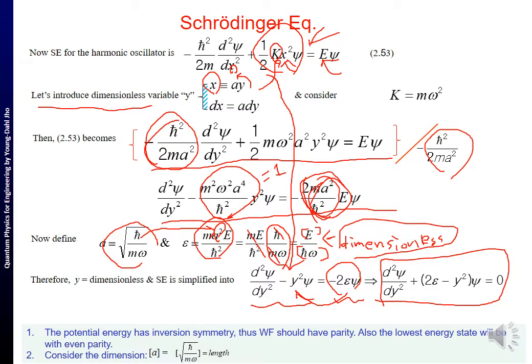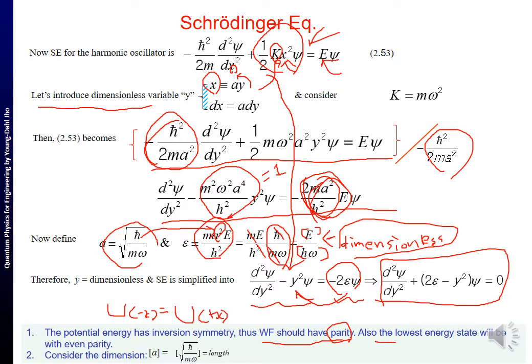You will see that the potential energy has inversion symmetry, right? So U of minus x equals U of plus x. Then the wave function should have parity. So the wave function should have either even parity or odd parity.